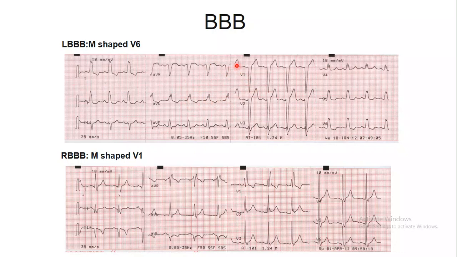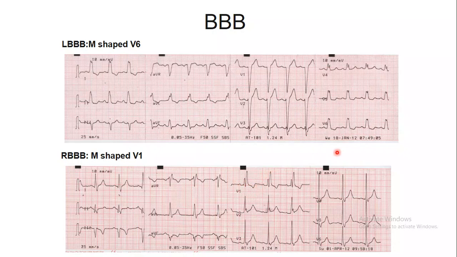In disease of the left bundle branch, we have a wide QRS complex plus an M-shaped QRS complex in V6, like this one. While if we have disease in the right bundle, we will have an M-shaped QRS complex in V1.